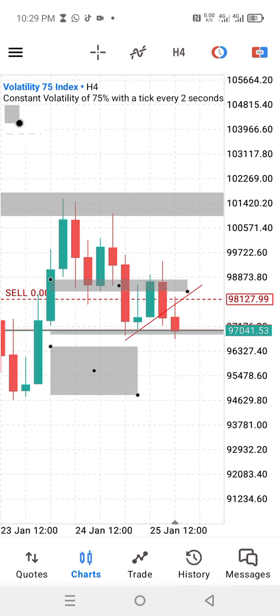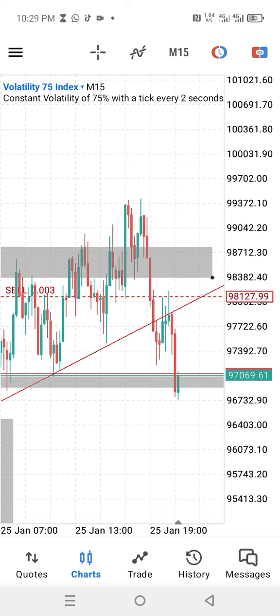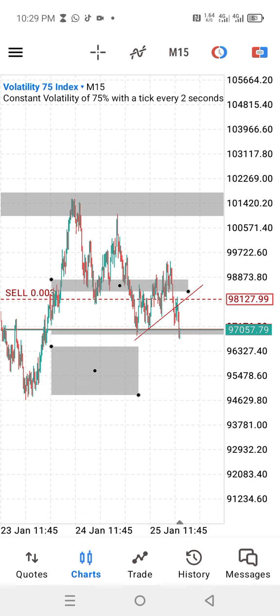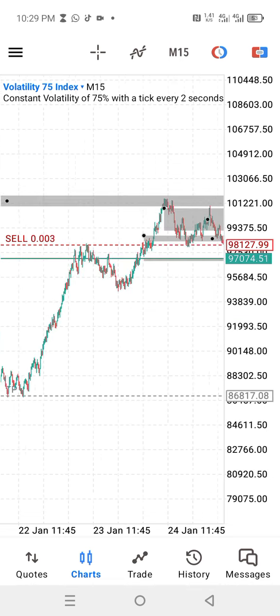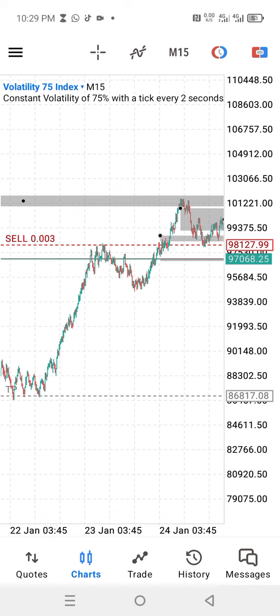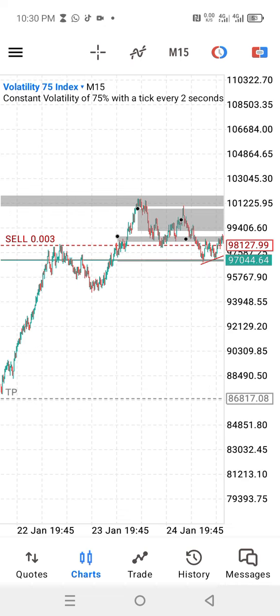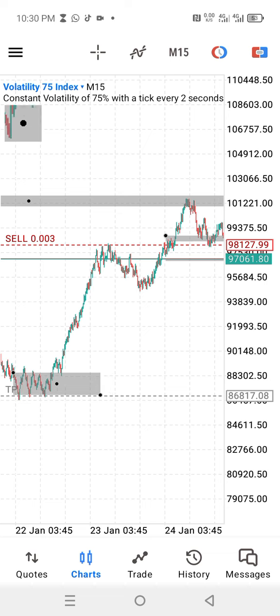So look closely, you see it. This is kind of a double top, and the market fell. So we're pushing to the upside. Look at it. This market came here.